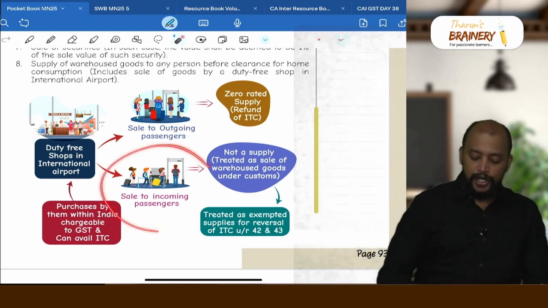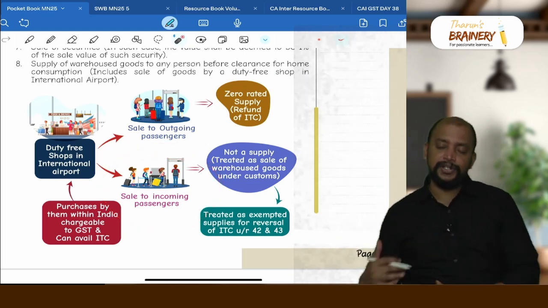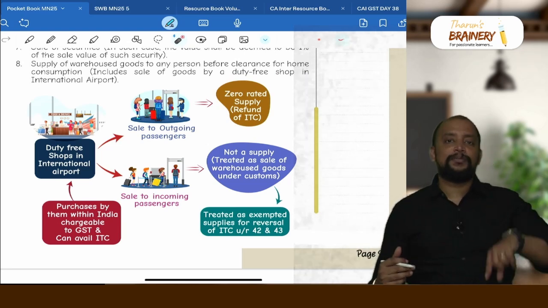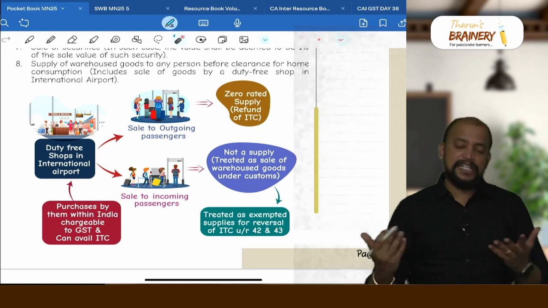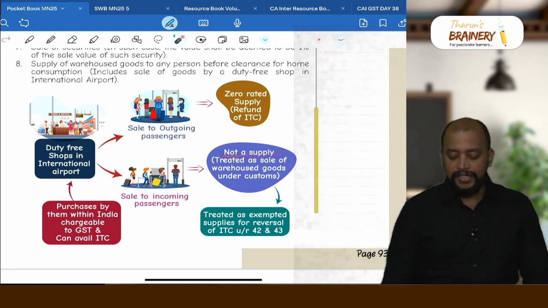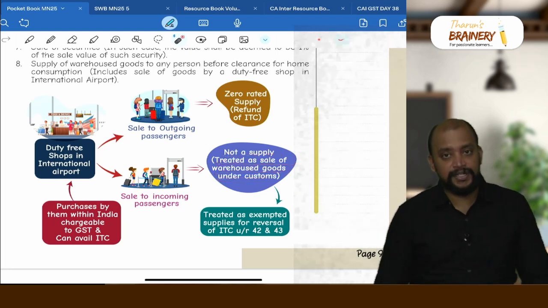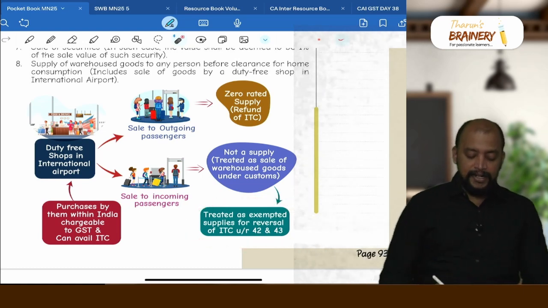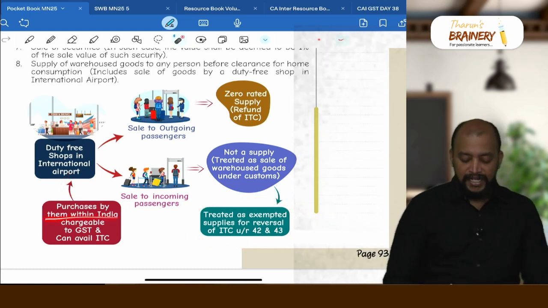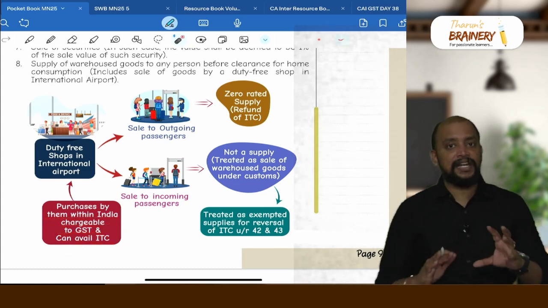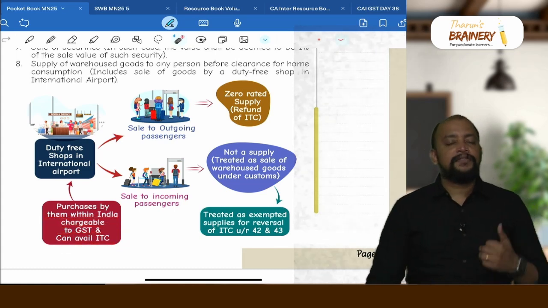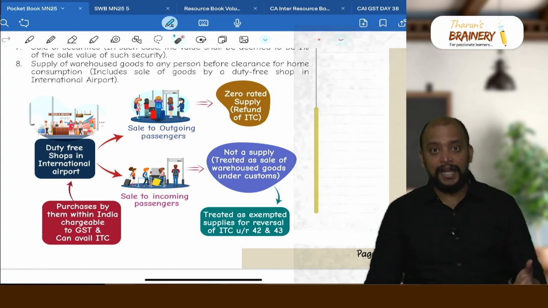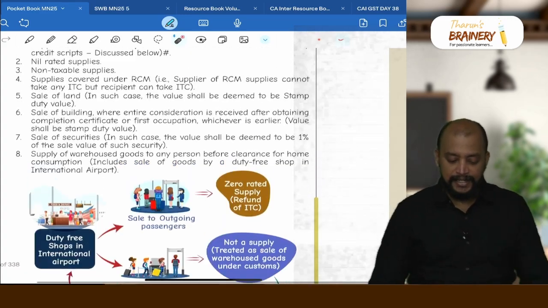Suppose if the duty free shop is making sale to incoming passengers, then it is treated as exempted for availment of ITC, but supply wise it is not a supply, because it is treated as sale of warehoused goods under customs, and it would be treated as exempted supply for reversal of ITC, and whatever purchases by them within India are chargeable to GST and they can avail ITC. Okay, so remember, whenever there is a duty free shop making sale to incoming passengers, that is excluded from supply, but for ITC purpose it is treated as exempted supply.